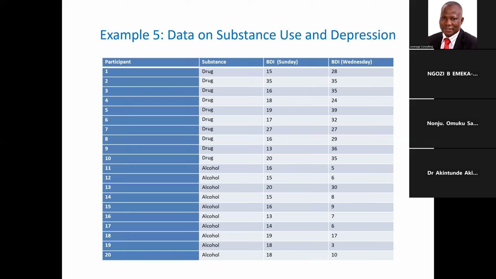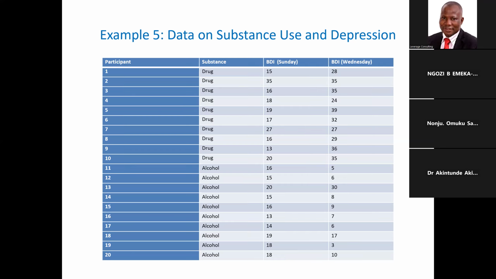And I think this data set I'm showing serves as the starting point for the discussion. Let's assume that you can see this data set. You have 20 participants here, first column, numbered 1 to 20. The first 10 take substance, drug.